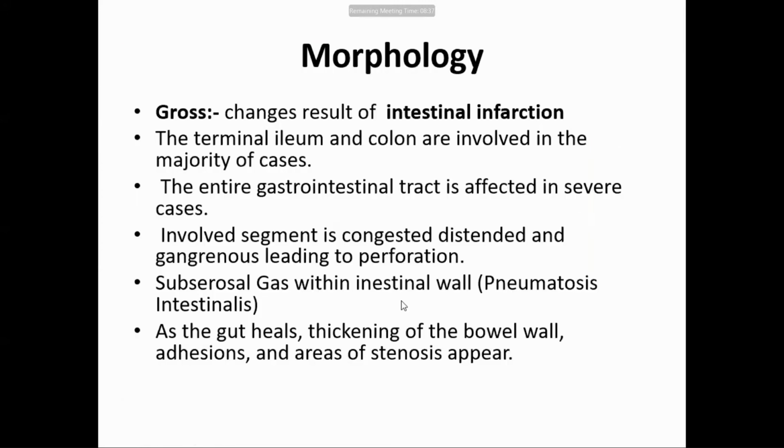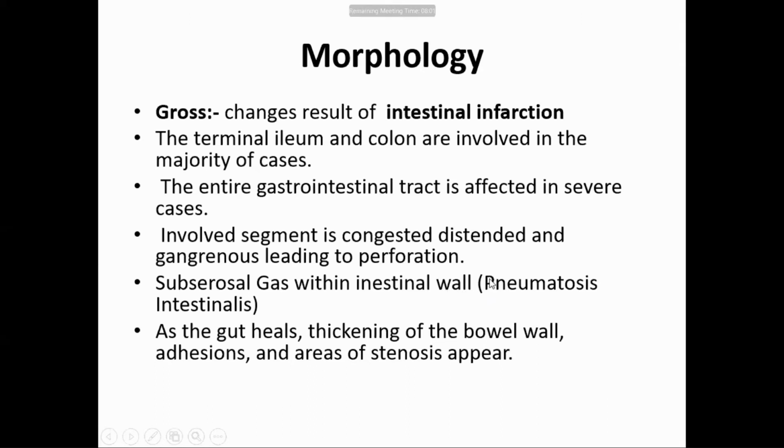Now, what is morphology? Because it is ischemic necrosis, there is intestinal infarction. Terminal ileum and colon are involved in the majority of cases. Sometimes the entire gastrointestinal tract is affected in severe cases. The involved segment is congested, distended, and gangrenous, leading to perforation. Subserosal gas within the intestinal wall, you can see, is called pneumatosis intestinalis.